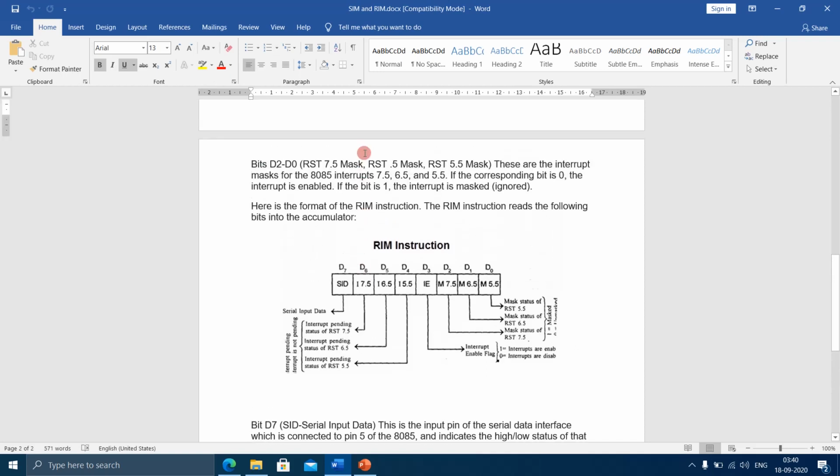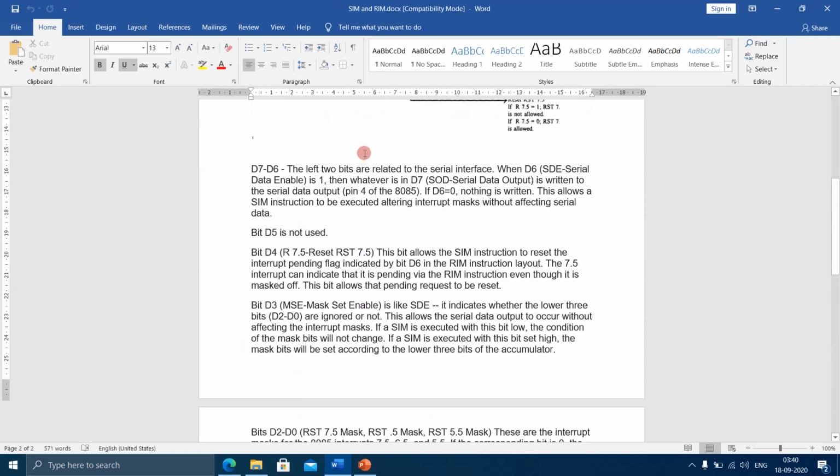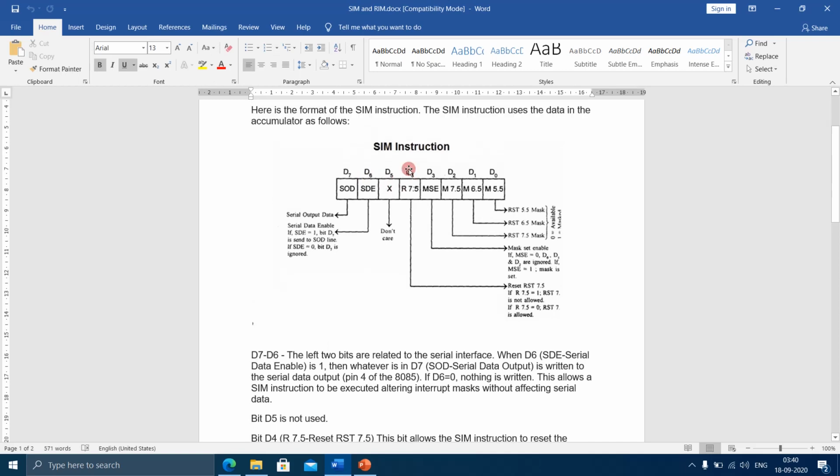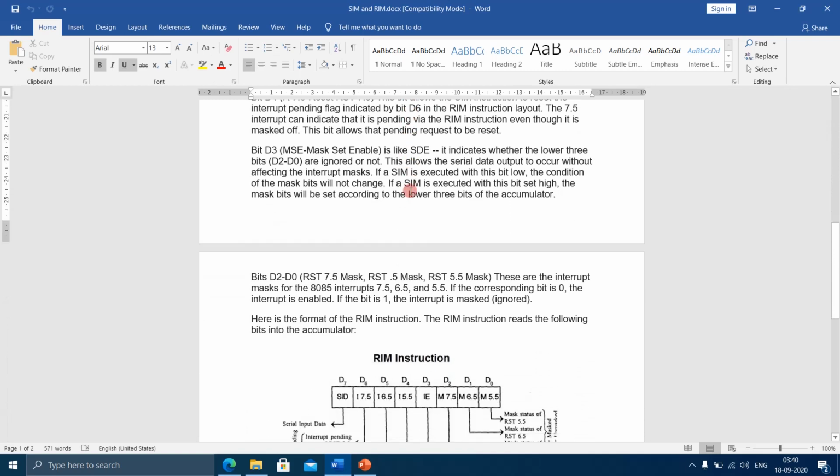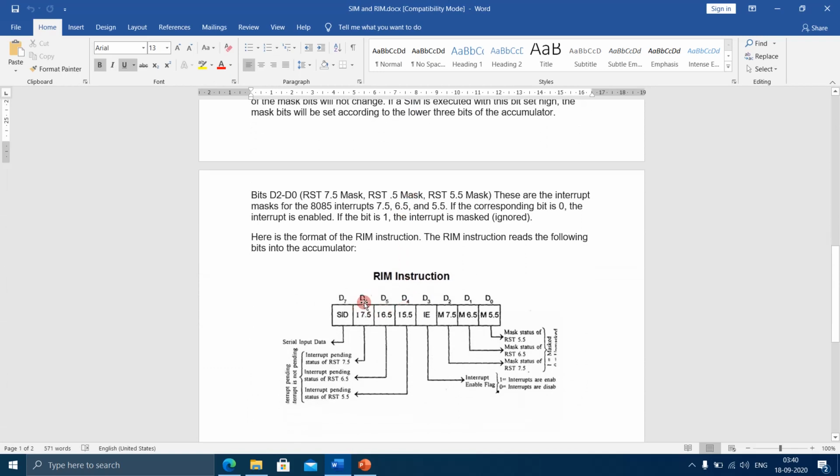So I had told you while doing the SIM instruction that the D4th bit depends on the D6th bit when we talk about the RIM instruction.